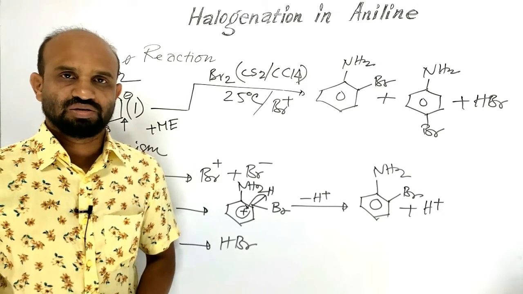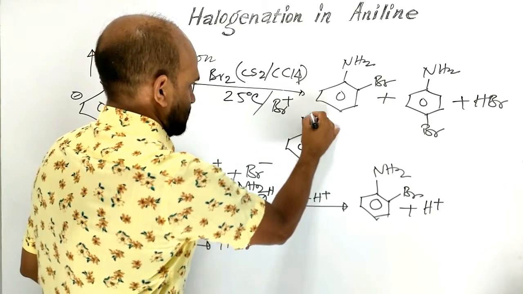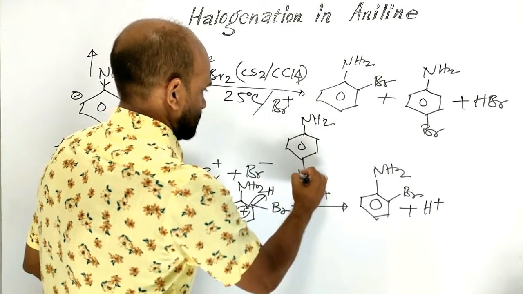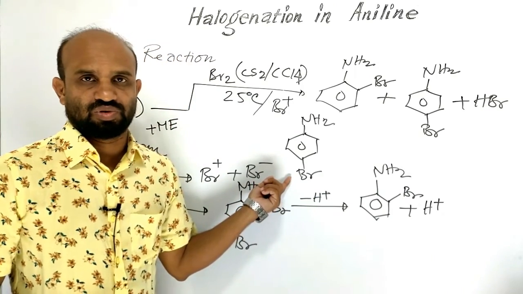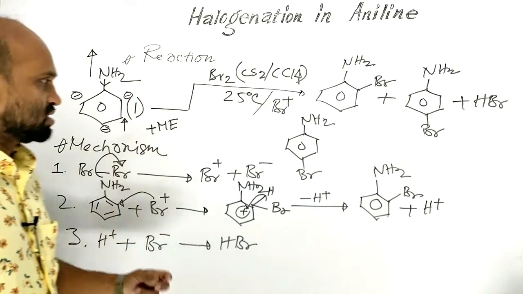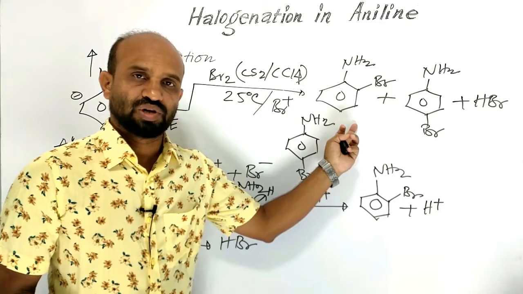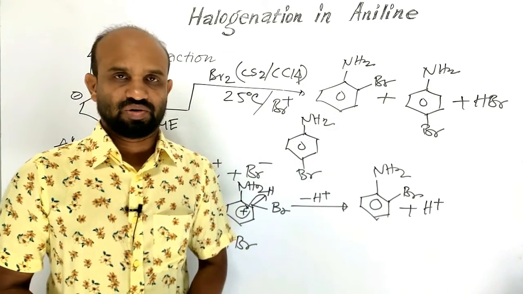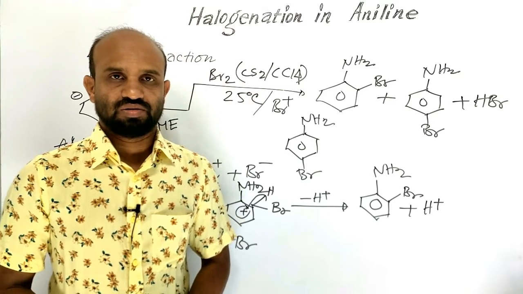Following the same mechanism, parabromoaniline is formed. This is the mechanism by which aniline forms orthobromoaniline and parabromoaniline.